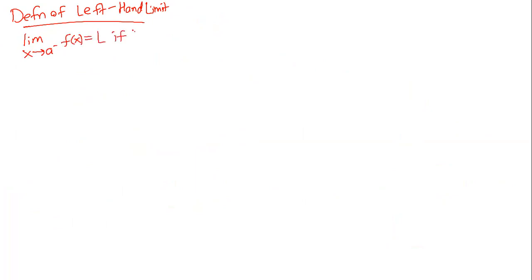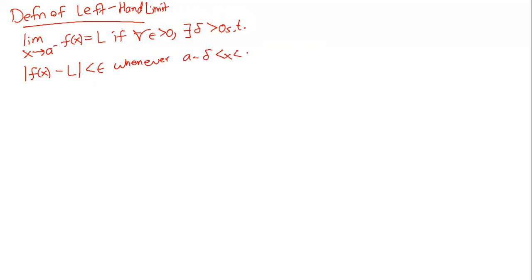So, definition of the left-hand limit: the limit as x goes to a from the left of f of x equals L if for all epsilon greater than 0, there exists a delta greater than 0 such that |f of x minus L| is less than epsilon whenever a minus delta is less than x is less than a.